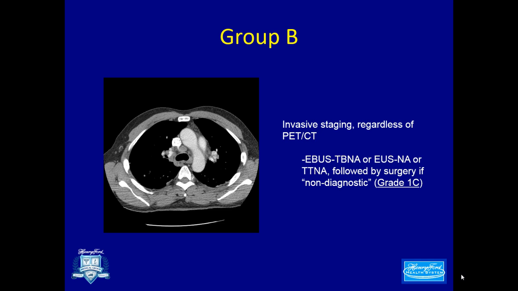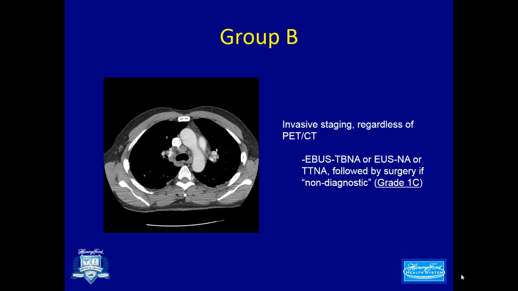Group B, the ones where you were able to see the lymph nodes clearly, enlarged more than 1 centimeter in the mediastinum. The recommendation is that invasive staging is recommended. So one of those techniques that we discussed. But which one is preferred?